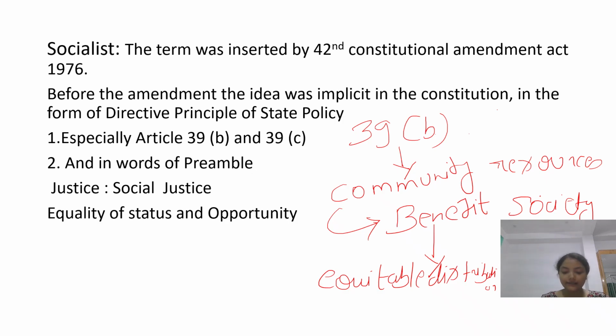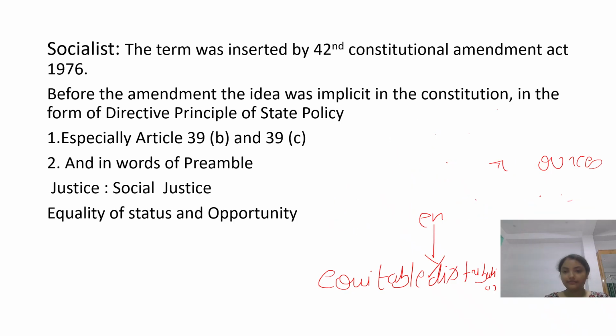And Article 39 Clause C states that the operation of the economic system does not result in the concentration of wealth and means of production to the common detriment. So what do you understand by Article 39 Clause C?